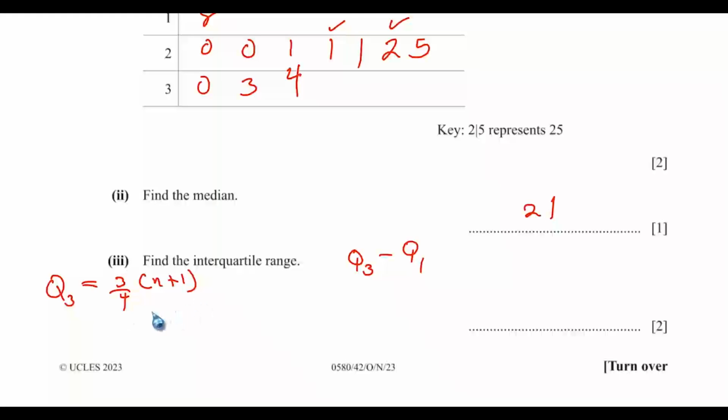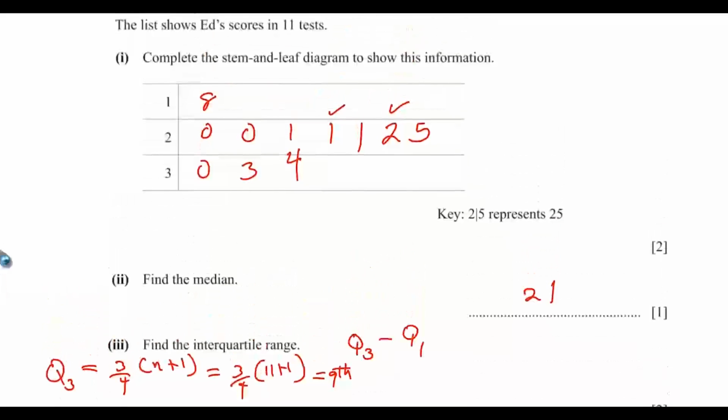Okay, let's key in the values. This will be equal to 3 over 4 into 11 plus 1. So this will be 12. 12 divided by 4 will be 3. Then 3 times 3 will be 9. So the third quartile is the 9th number, and if you check there, that's going to be 30.